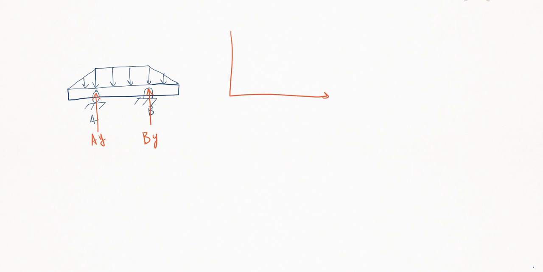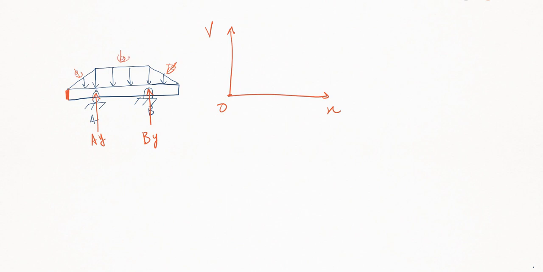Now we can draw shear X. Now what force do we have at this point? We don't have anything, so it's 0. And we have a distributed force here, a distributed force here, and a distributed force here.